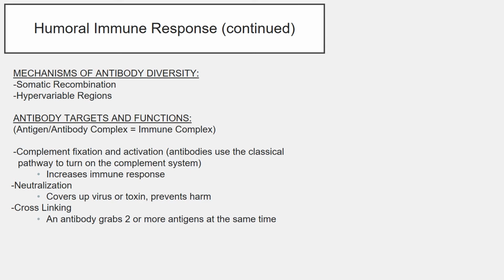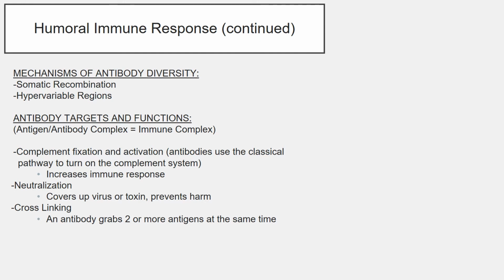Complement fixation into the target cell's membrane is triggered, which is your membrane attack complex, which lyses the cell. Complement cascade, with its C3 and C5a, increases the immune response. Neutralization covers up viruses and toxins to prevent harm and allows macrophages to phagocytize.